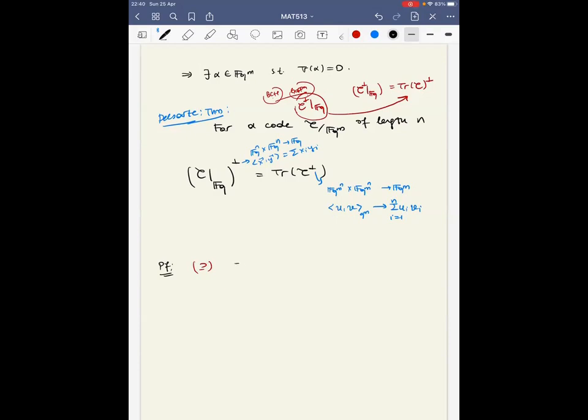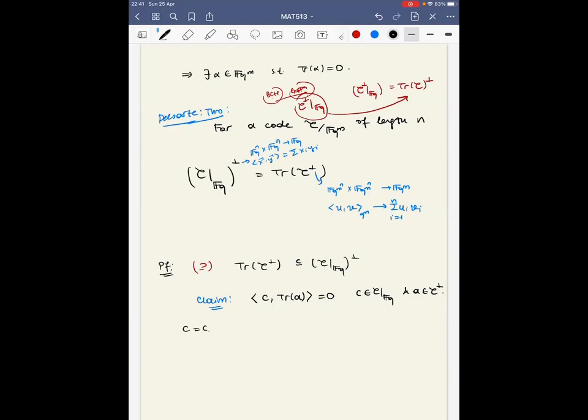For this purpose, first, let me consider a vector from the left-hand side, and show that indeed it also belongs to the dual of the subfield subcode of C. And indeed our claim will be equivalent to seeing that for any c from the subfield subcode, it is orthogonal to the trace of a for a from C dual.